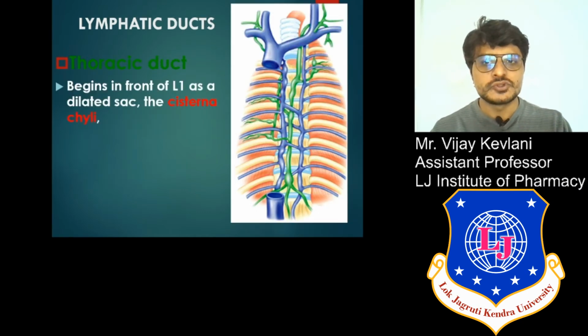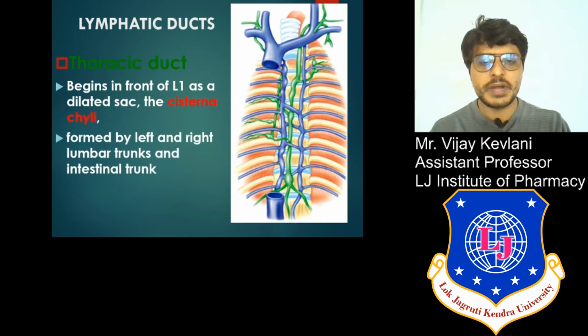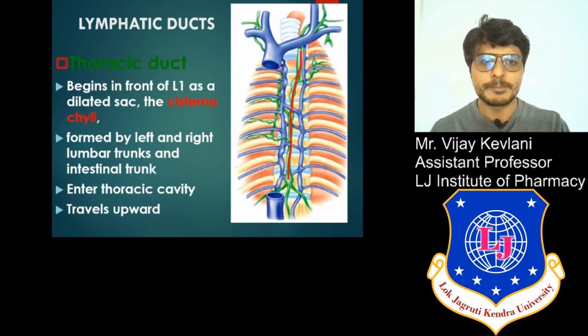Thoracic duct. It begins in front of L1 as a dilated sac, the cisterna chyli, formed by the left and right lumbar trunks and the intestinal trunk. It enters the thoracic cavity and travels upward.